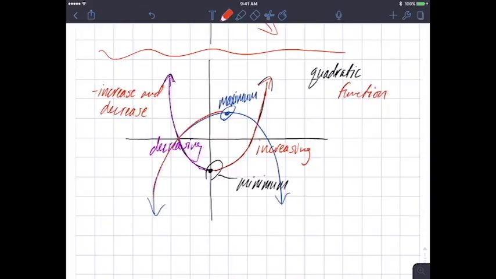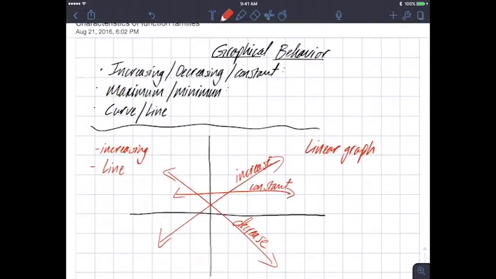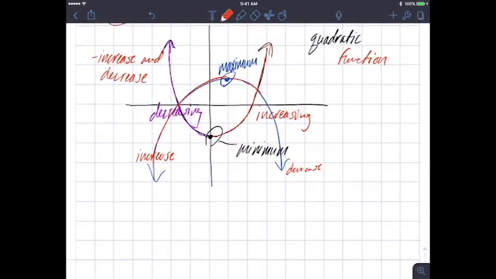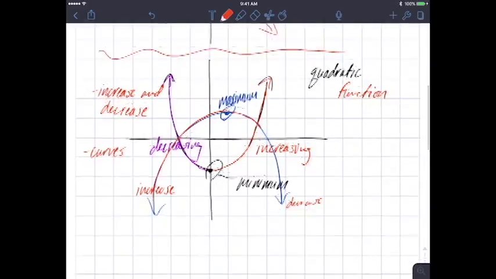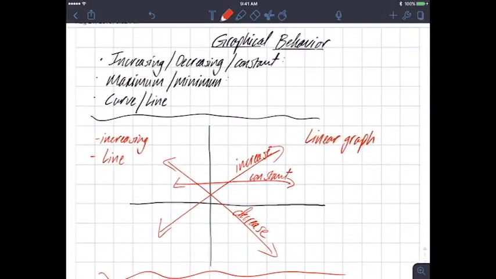See, it keeps going up, increasing. And then at this point, after it passes the maximum, it starts to decrease. So this would be the increase. And then this would be the decrease. Okay? Curve or straight line, as you can tell, it curves. That's the easy part.